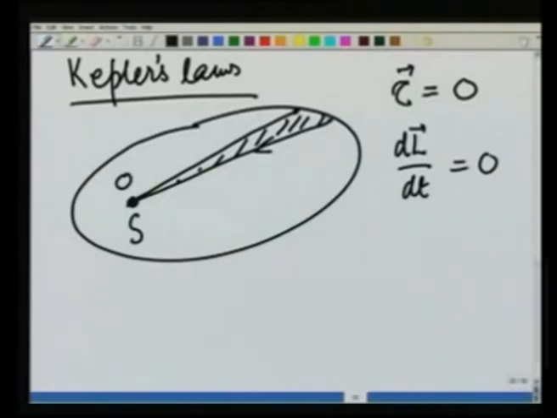Now you see, in this case the velocity at any given point, recall your planar polar coordinates, could be in r direction and perpendicular to this.